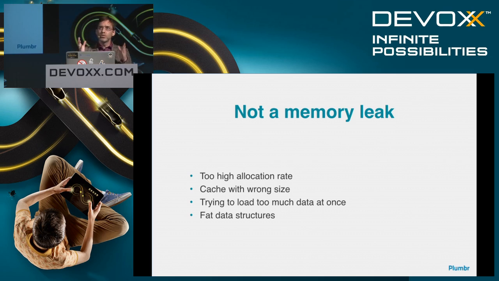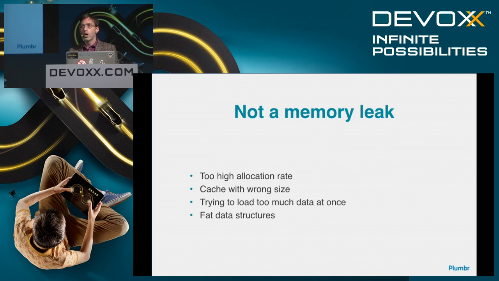In order to put, for example, 10 megabytes of raw data, of raw integers, into a HashSet, you require 13 times more memory. So the HashSet will be around 130 megabytes of memory. So a fat data structure can be a real big problem. But again, that's not a memory leak.